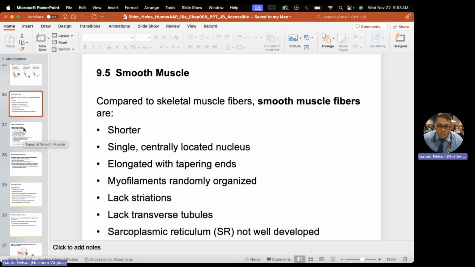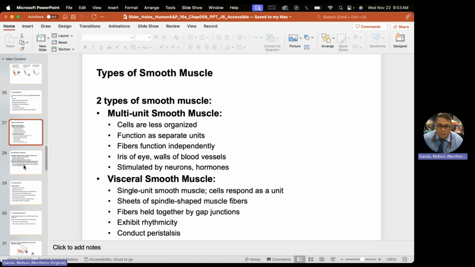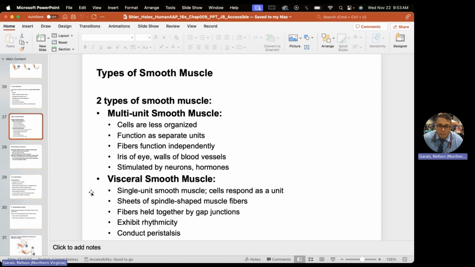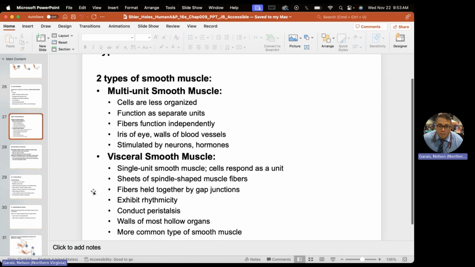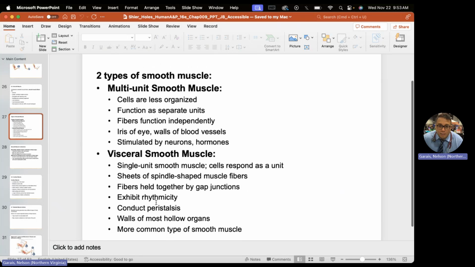Smooth muscle, we kind of already know. Lacks striations, also known as visceral. The sarcoplasmic reticulum isn't that developed compared to skeletal muscles, because skeletal muscles got to move what? Quick. Smooth muscles, it'll get there when it gets there. Multi-unit smooth, visceral smooth, nice to know, but visceral, lump it all together.